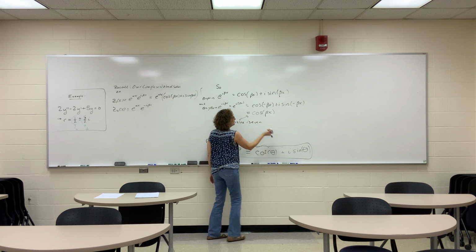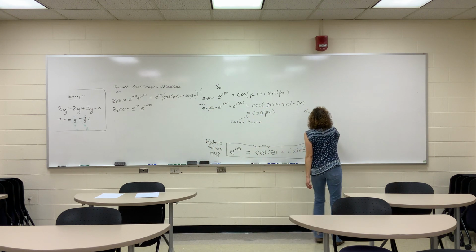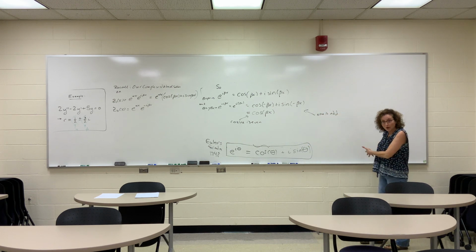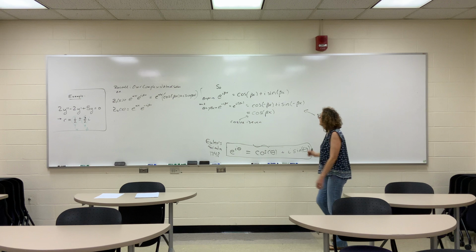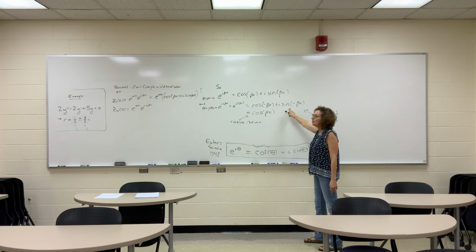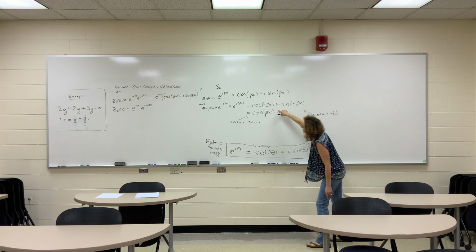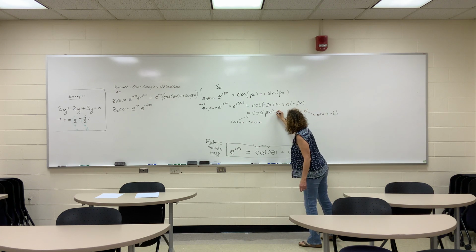Because cosine is even, tell me about sine. Sine is odd, right? And it had odd powers only in its Maclaurin series. So what do you know about an odd function? Sine of minus beta x is minus sine of beta x. So the minus comes out.